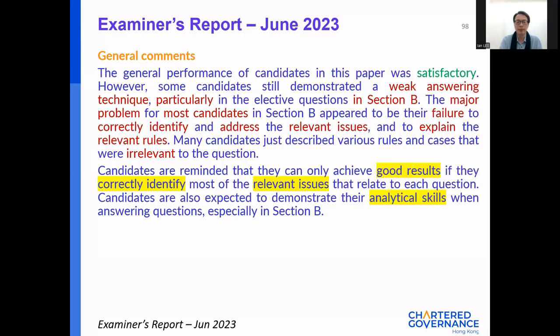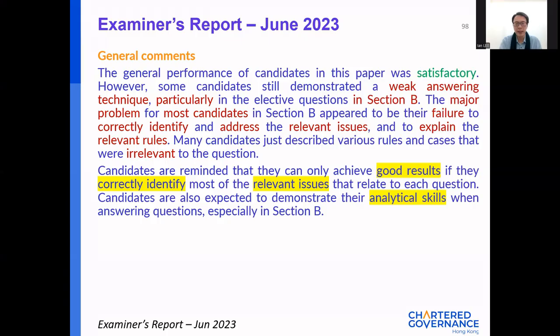So that is important. Many candidates just describe various rules and cases that were irrelevant to the question. So you can see this one is almost the same as the comment for November 2023. You look at the issue carefully and then decide which of the rules and cases are relevant to the question.